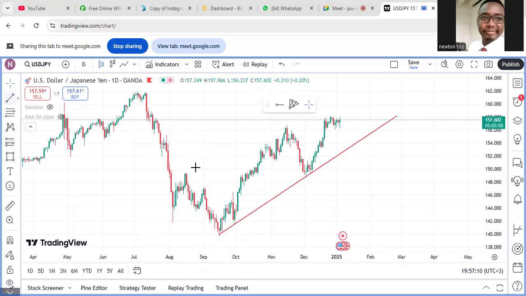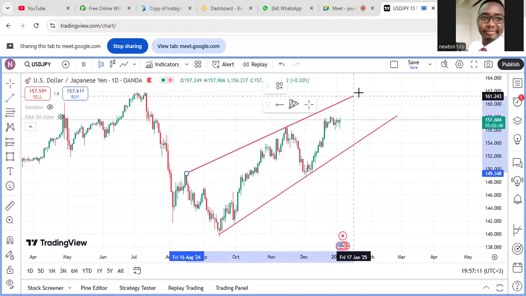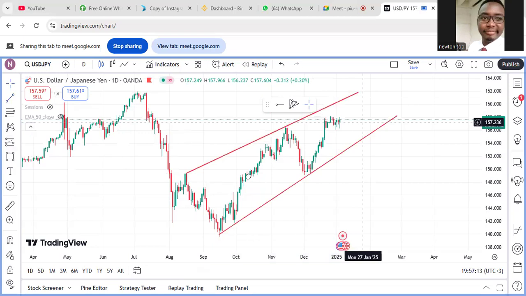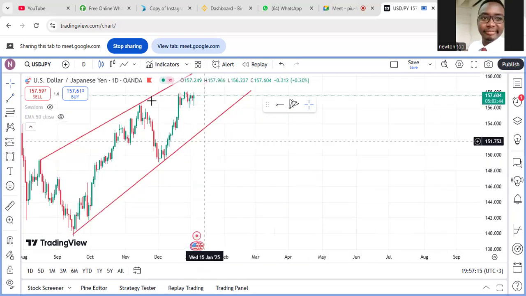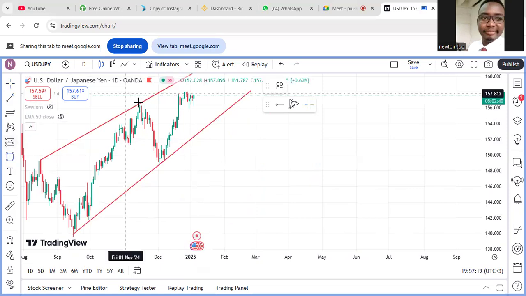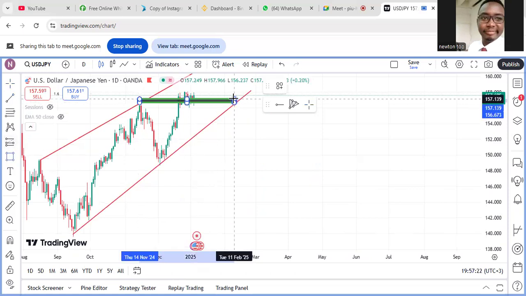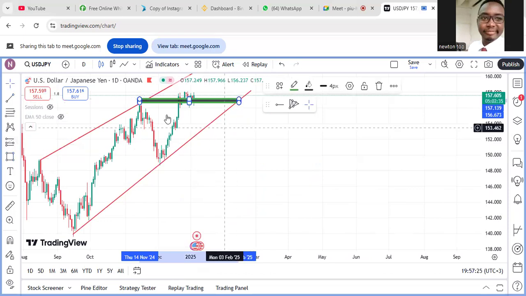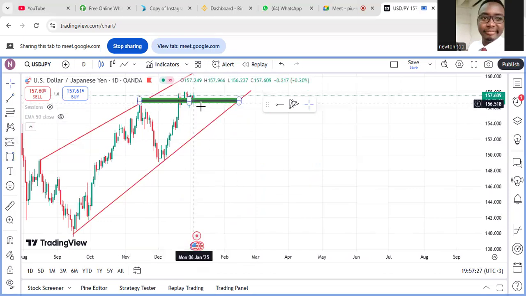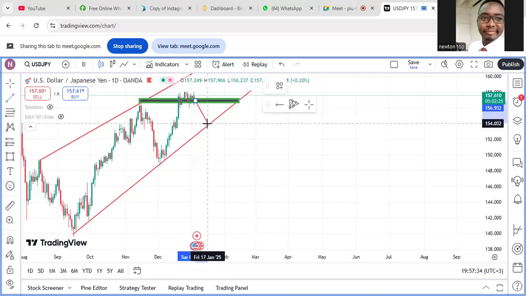Then we have here something like a ceiling. That's what the market is trying to break, this level, but it's being rejected. So if this market fails to break this level, then the next thing is downtrend. Till where? This area. You can see?